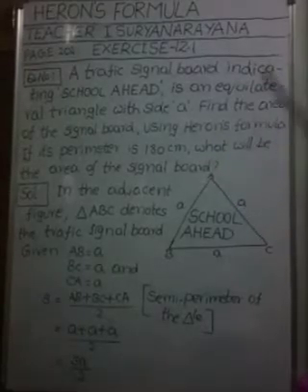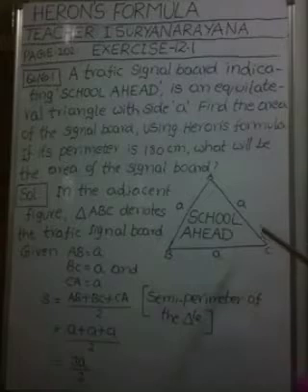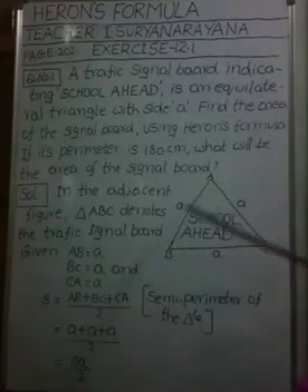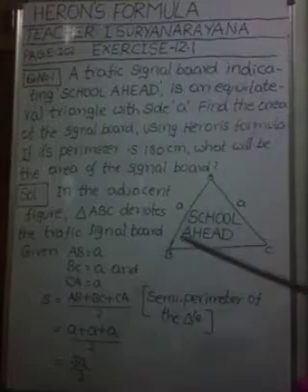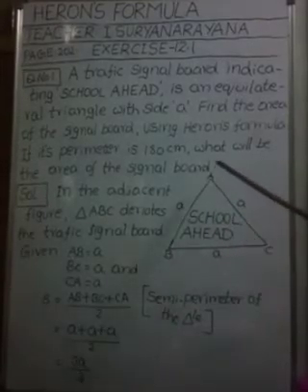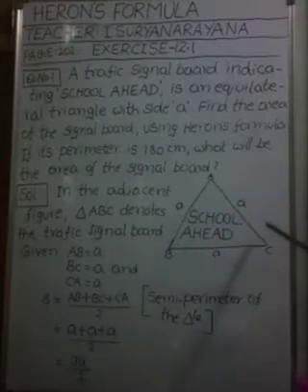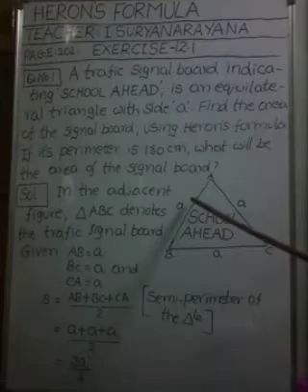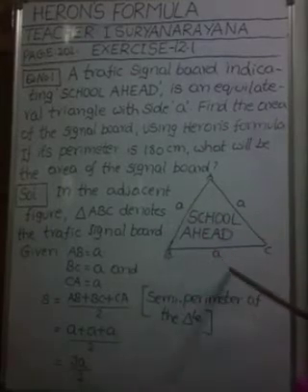Okay, my children? Let us consider this is the signal board. Triangle ABC denotes the traffic signal board. School ahead. ABC is an equilateral triangle, and the length of the sides is a units.